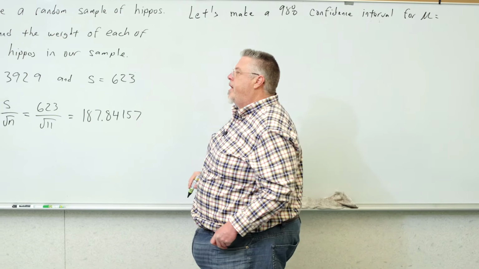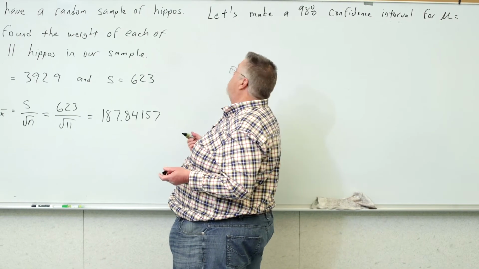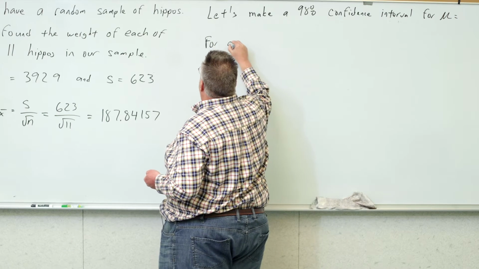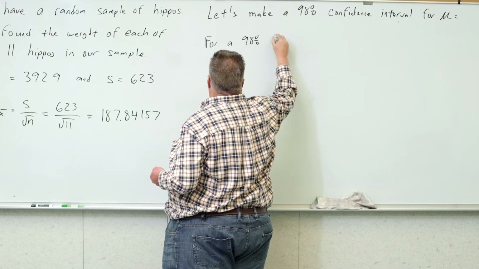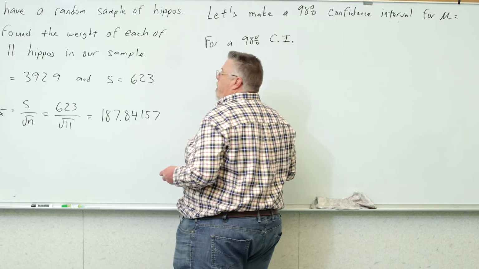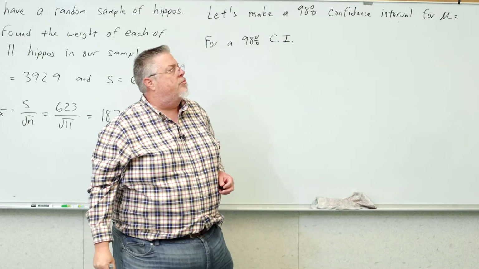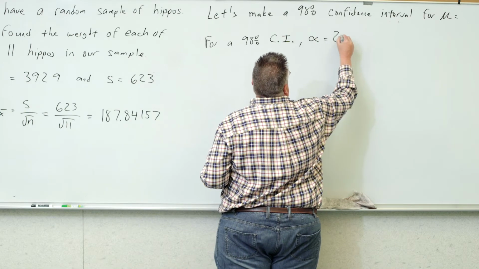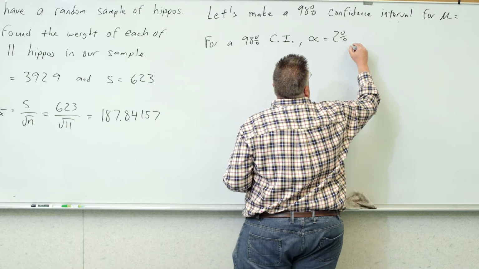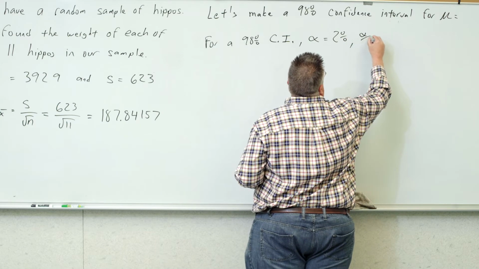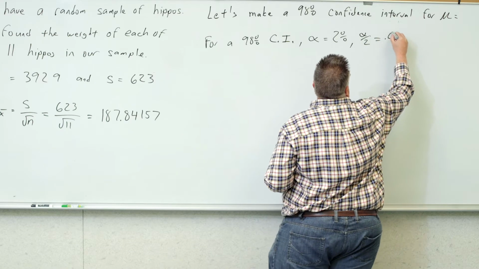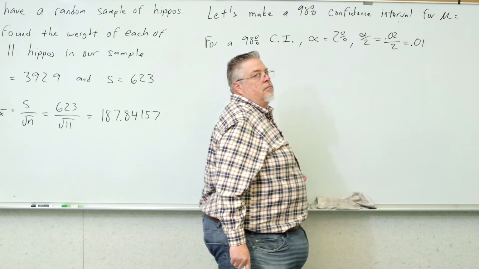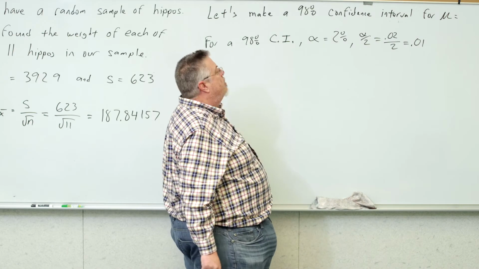Okay, we're making a 98% confidence interval. So some of this should be pretty boilerplate and easy for you now. For a 98% confidence interval, I'm going to abbreviate confidence interval CI at this point. Alpha, the probability of being wrong, is 2%. Alpha over 2 is 0.02 over 2, which is 1%. Probably did that without a calculator, I hope.